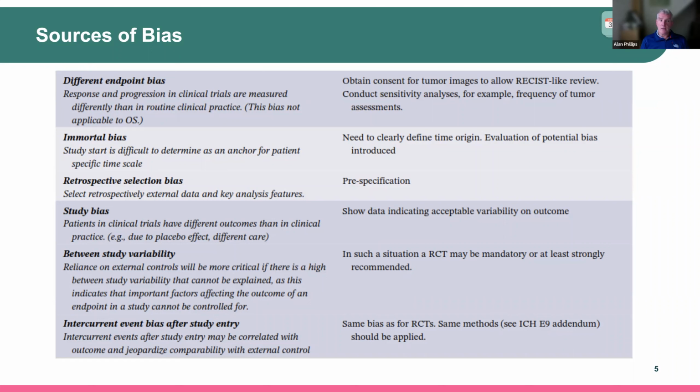So there's what, 8, 9 different sources of bias that are potentially of concern, certainly for this statistician, and I would even argue for all trialists if you're going to go down the historical route option.